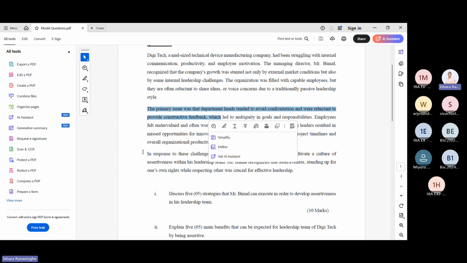You can see there's an issue with communication, basically providing feedback. So in order to overcome this issue, I'm suggesting this strategy, you can write down: encouraging open communication and active listening, plus providing regular feedback. Then through that, the organization can overcome this issue.